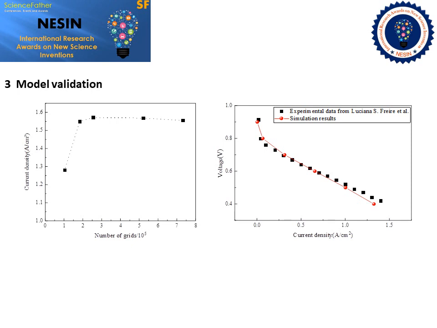The results show that the polarization curves of the model in this paper agree with the experimental data with an error of no more than 5%, indicating that the model in this paper can accurately predict the operation of serpentine flow channel PEMFC at steady state, and the comparison results are shown in Figure 3.